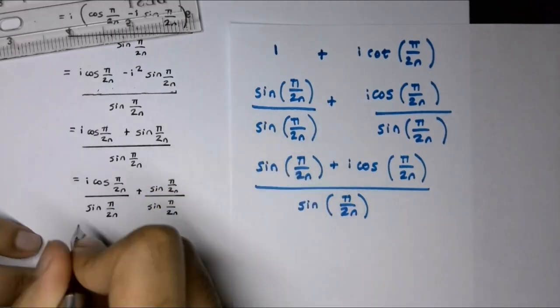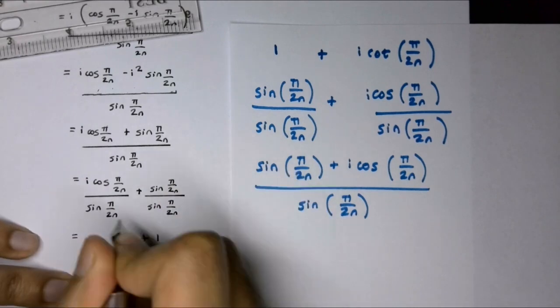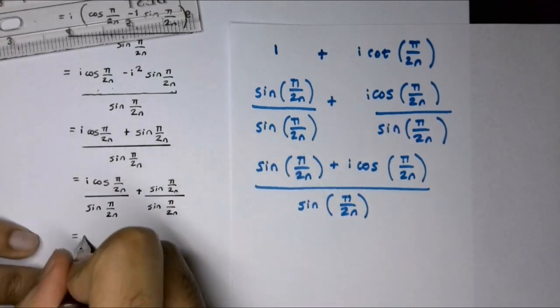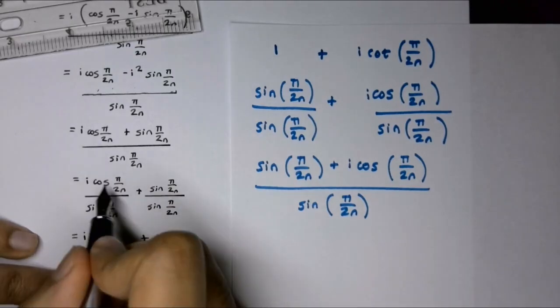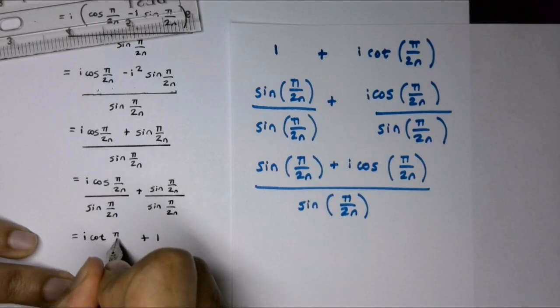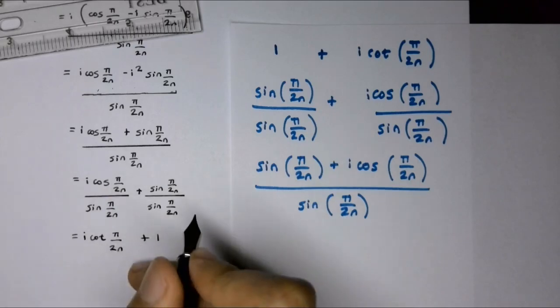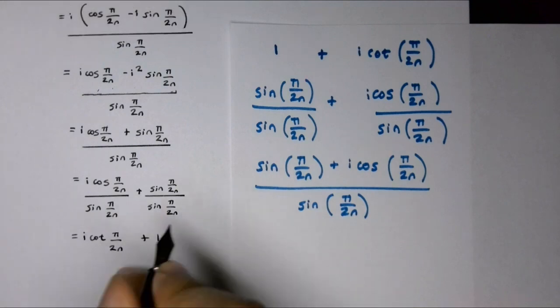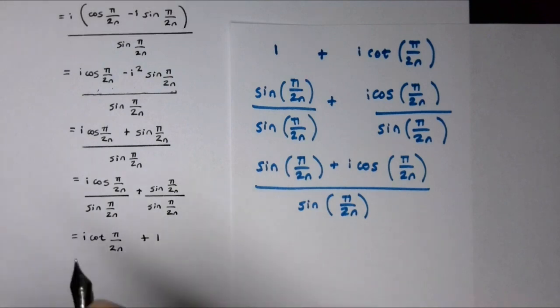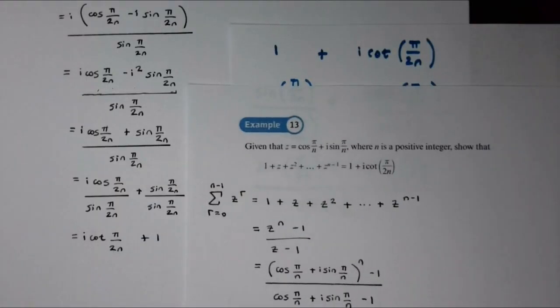This result over here is just 1, so we have plus 1. And this result over here, well, we still have the i, that's not going anywhere. Cos divided by sine, that's just cot. So we have cot of pi over 2n. And you'd find this is the result which we wanted to show. Again, if we go back to the question, you'd find indeed that's what we get.